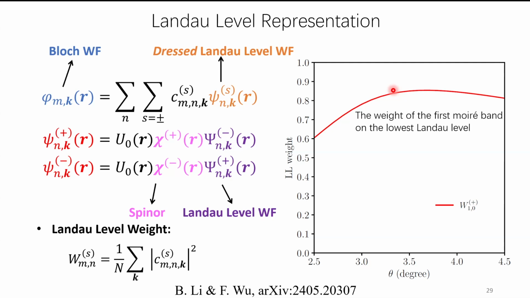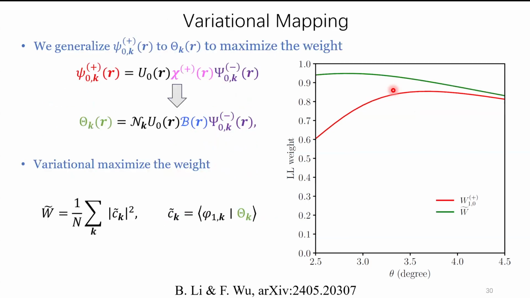Can we do better? Can we make this weight larger? The answer is yes. We can generalize this wave function to a variational wave function. We can replace this spinor by a more generalized wave function I call B(r). Here, B(r) does not need to be aligned with a pseudo spin magnetic field. It does not have to be normalized, so it's more general in this sense.